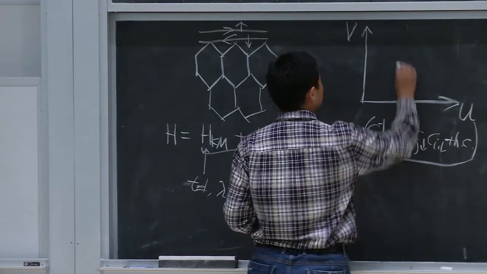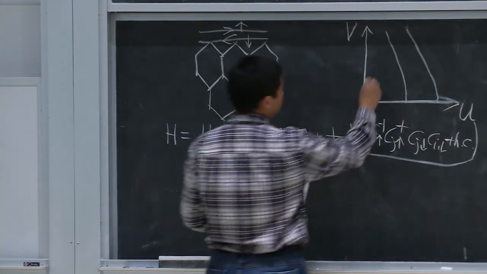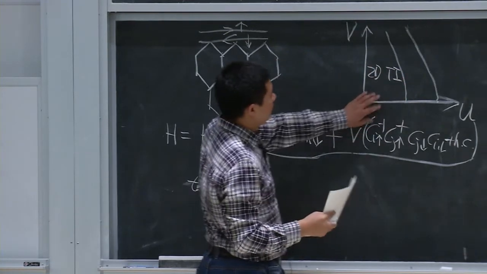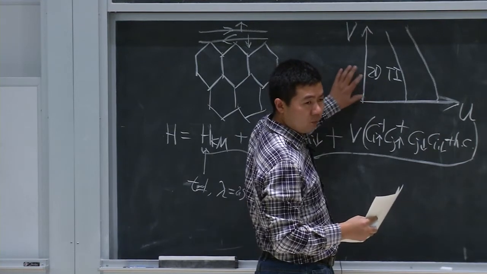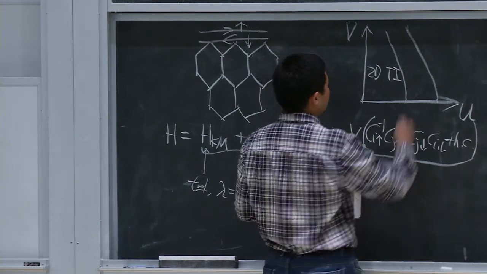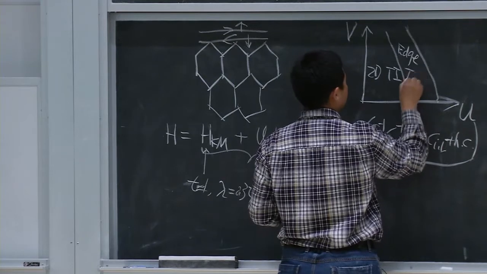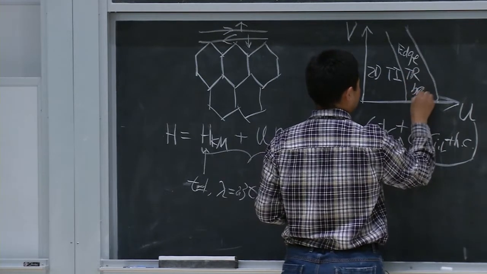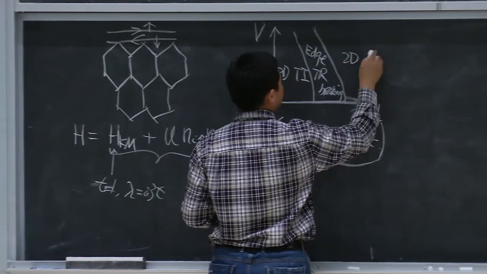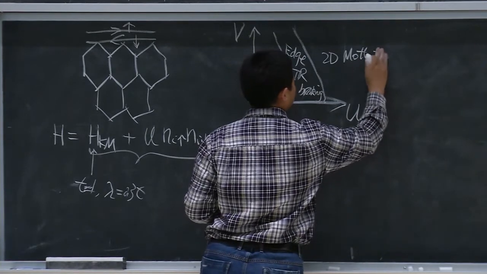It turned out this is the quantum phase diagram we obtained. So this is a 2D TI. When the interaction is weak, even with the two-particle backward scattering, the 2D TI is still stable. And this region has edge spontaneous symmetry breaking. And when the interaction is too strong, it's a 2D Mott insulator.